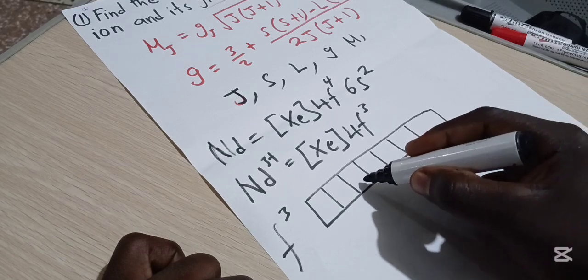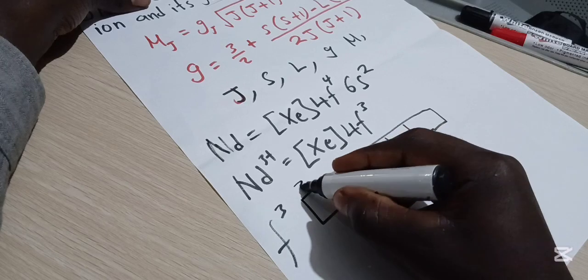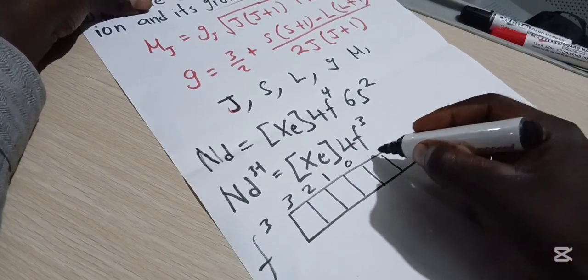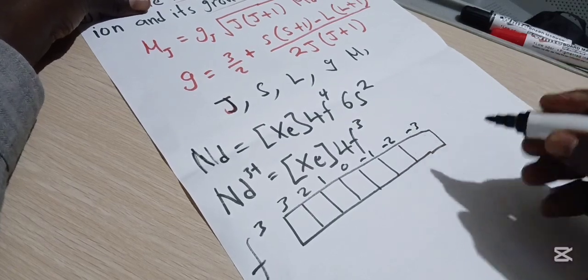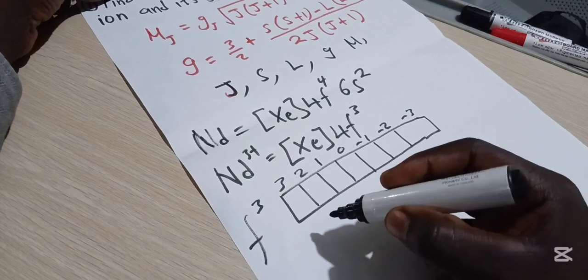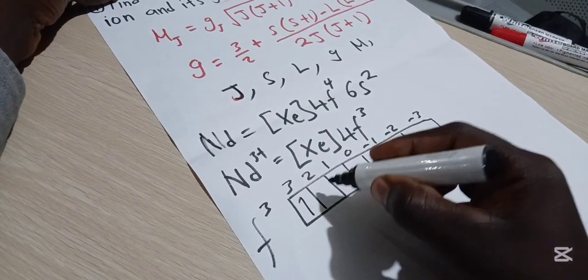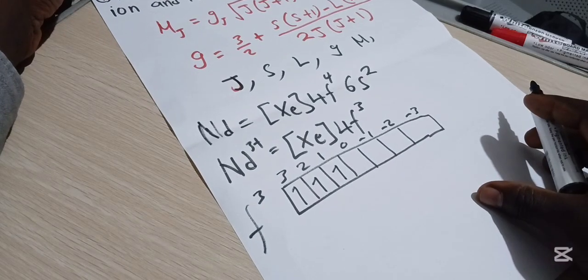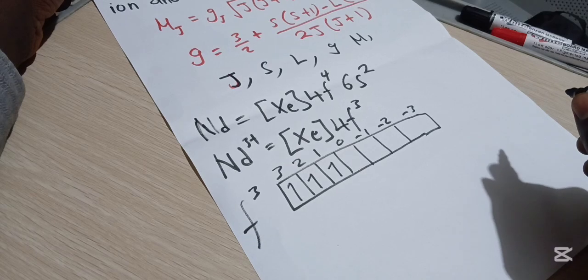We start numbering 3, 2, 1, 0, minus 1, minus 2, minus 3. How many electrons do we have in the f orbital? We have 3. So let's start filling singly: 1, 2, 3.